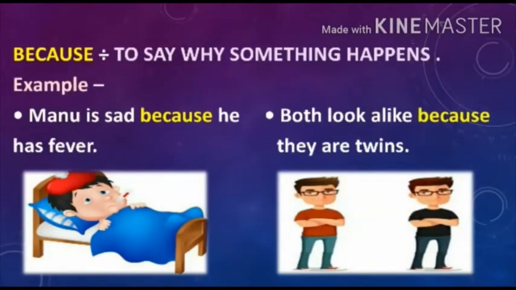Let's see the next one. Both look alike because they are twins. As they are twins, that is the reason they look alike. So both examples tell us that wherever there is a reason, we must use the conjunction because. Because is the conjunction which is used to say why something happens.